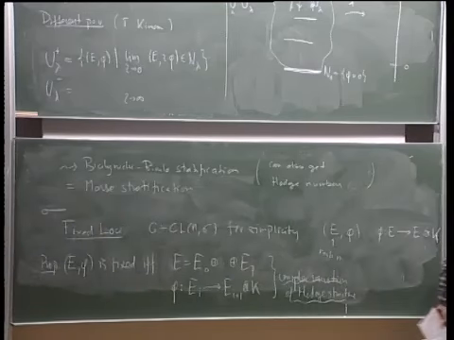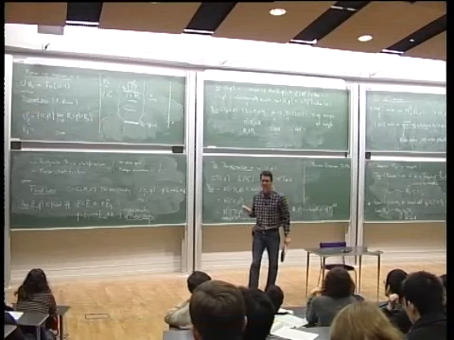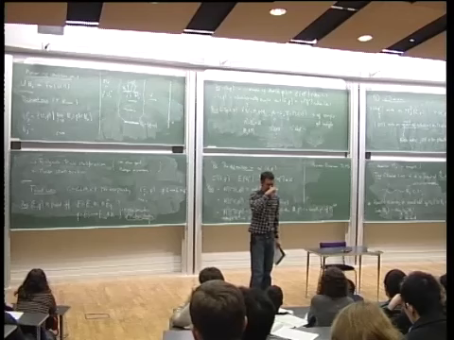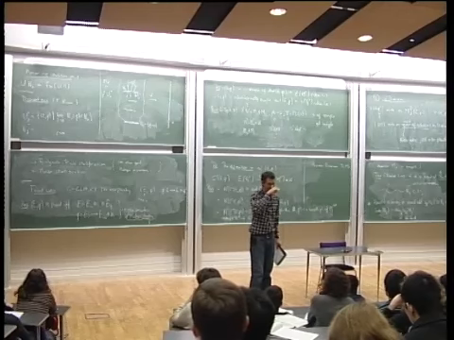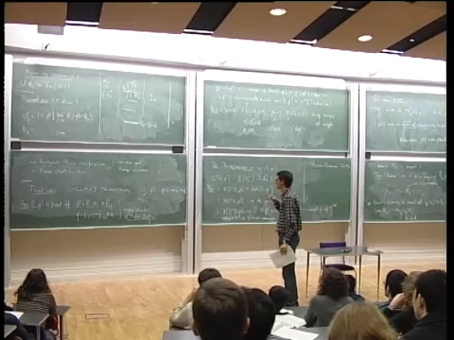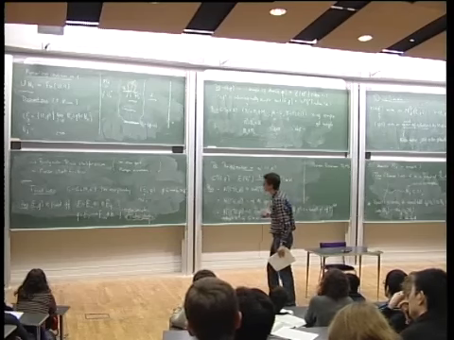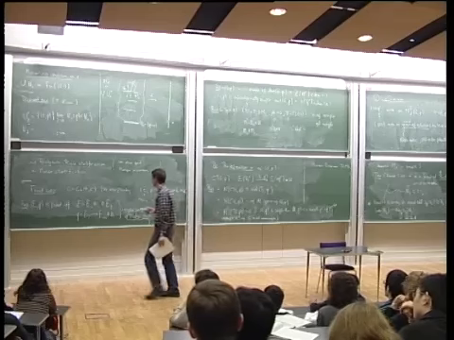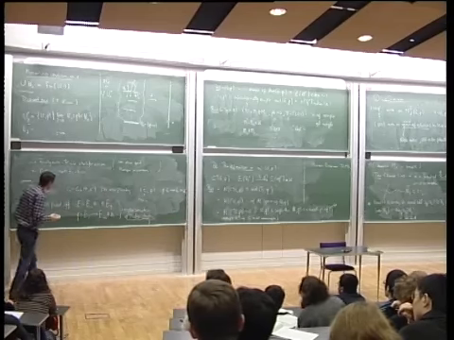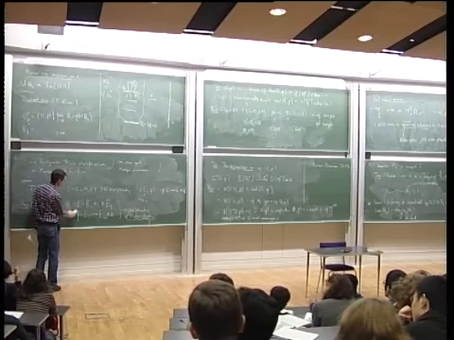Okay. Yes? For a general group, can you somehow codify the information of the fixed loci in terms of representations? Right, I mean, surely you can write down what it is. I'm not sure I can give you an exact answer.